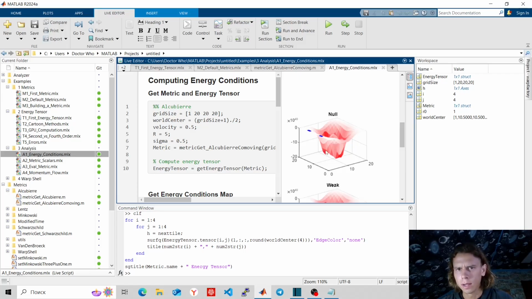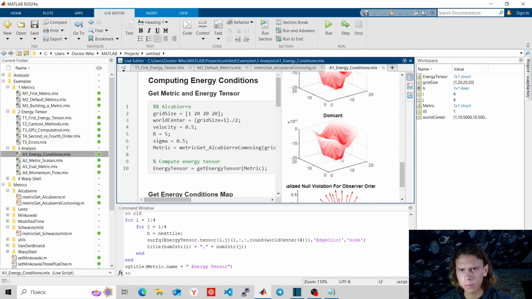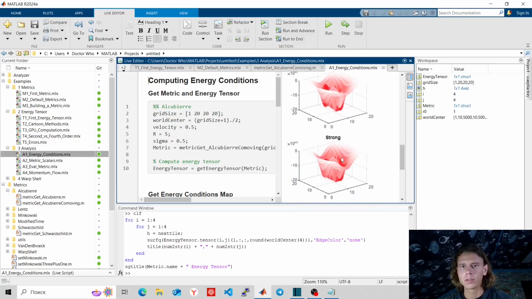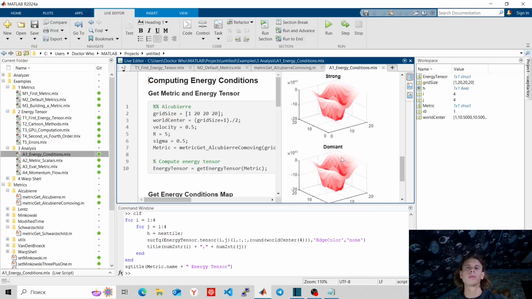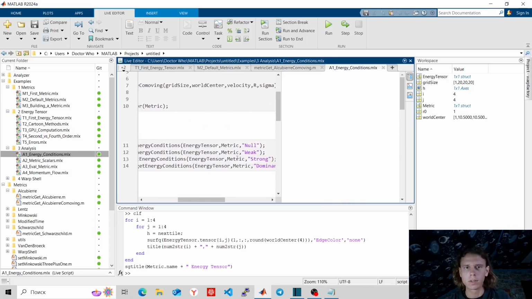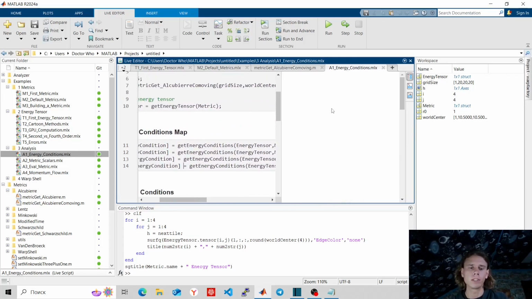And here they compute the energy condition for the Alcubierre metric, and it's all negative. So it's now weak, strong, and dominant, all of them in a single line of code, sort of. You can just call these functions and get your results just from the metric, and this is really cool.